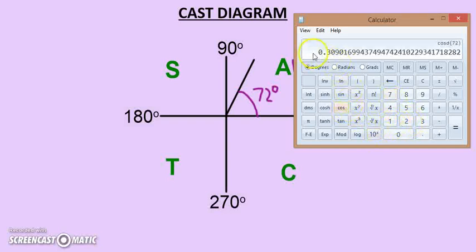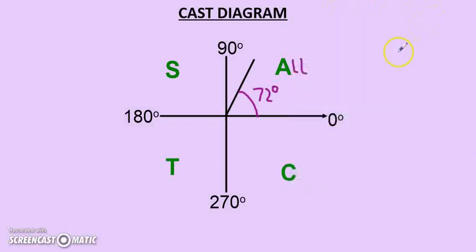Cos of 72 gives me 0.309, also clearly positive, and tan of 72 degrees gets me 3.0776, etc., also positive. Okay, so this diagram tells us very quickly when you've got a particular angle, which trig functions can be positive or negative.